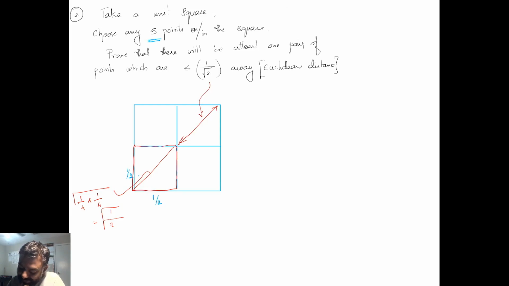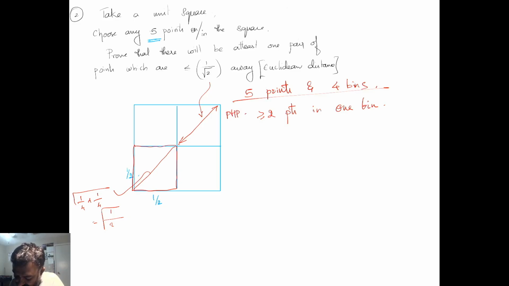So now see this, you have 4 bins and you have 5 points being thrown, so there will be at least 2 points in one bin because there are 5 points and 4 bins. Then by PHP, now you can see the argument, right?